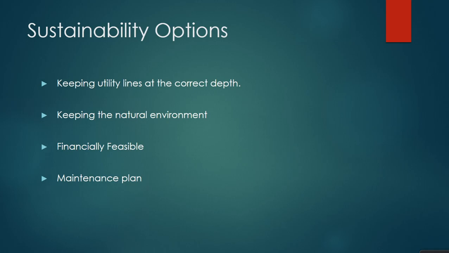For sustainability options, we need to keep the utility lines at the correct depth so that the water lines and the sewer lines don't freeze, and the electrical lines don't get disrupted by the RVs driving over top of them. We also need to keep the natural environment of Yellowstone National Park, so we want to do this by minimizing the vegetation that we take out when we go to clear the land for our use in our roadways and our pads.